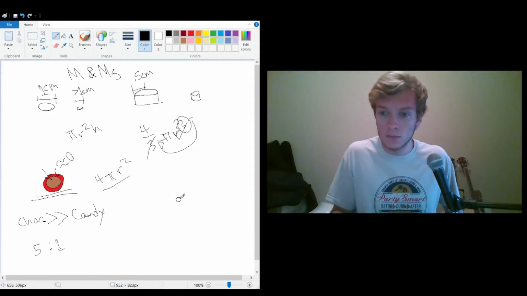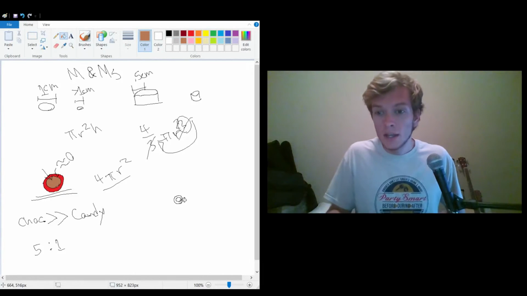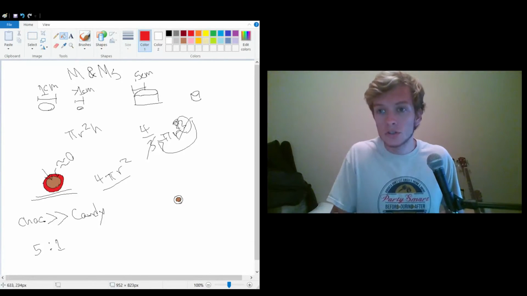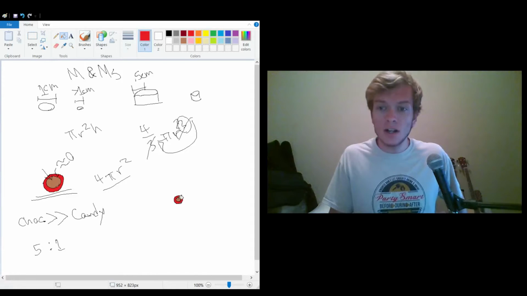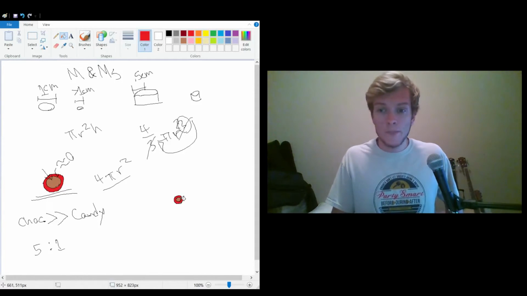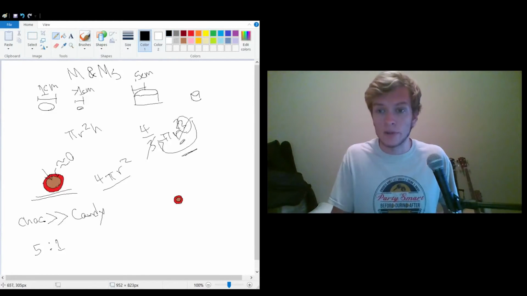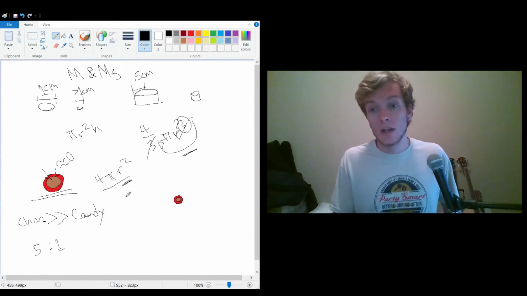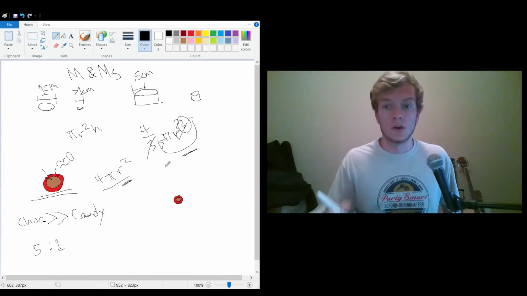So if we have a smaller M&M, now obviously by limitations of machinery, you can only make the candy coating so thin, and so the chocolate will change how the volume will change, and obviously the surface area will change with the size of the orb, but at the same time the surface area will go down less than the volume will, because the volume has an r cubed term in it and the surface area has an r squared term in it, meaning that the volume grows faster, but it also decays faster when you lower the radius.